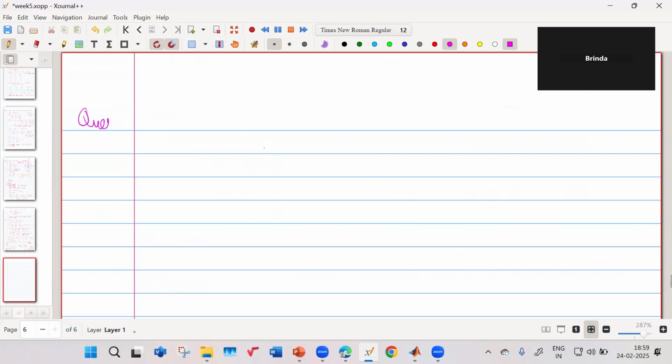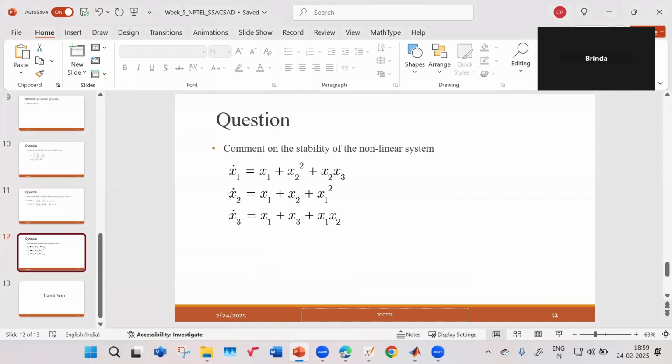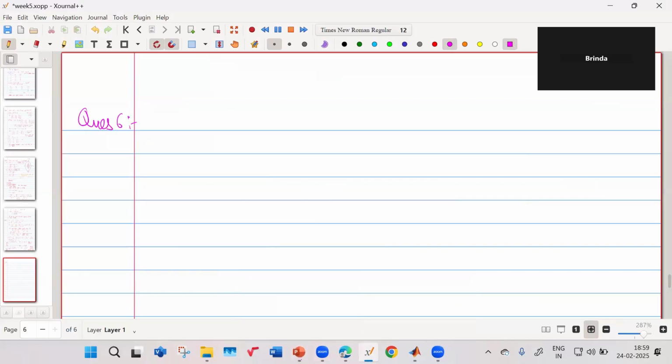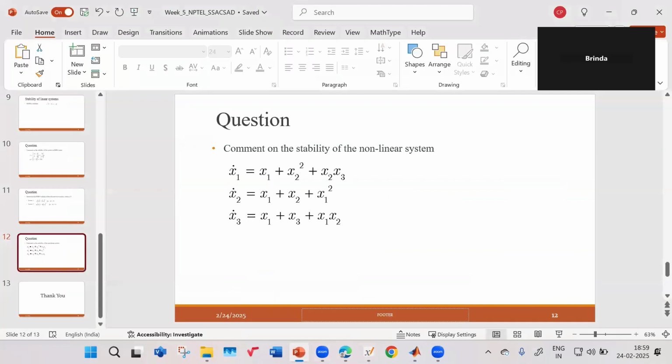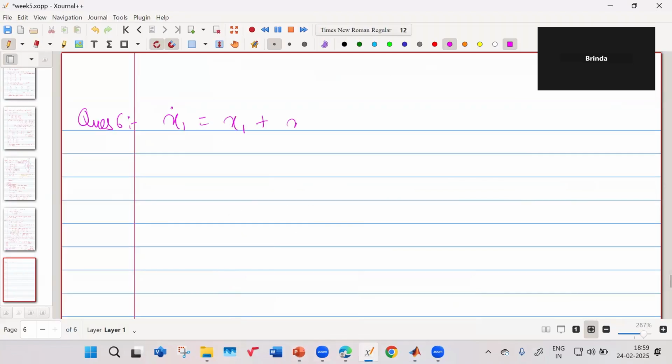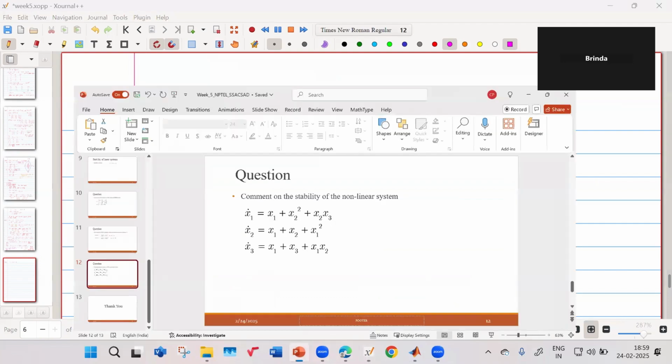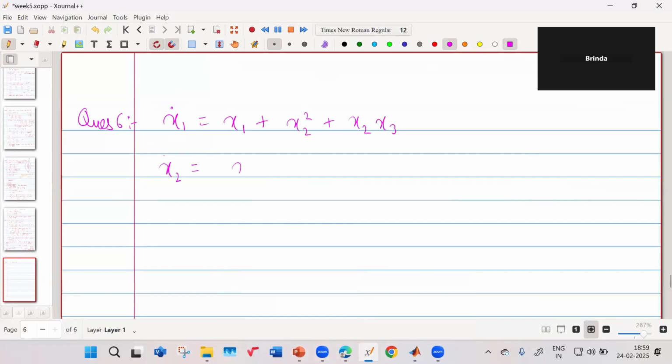The system is x1 dot is equal to x1 plus x2 square plus x2 into x3. x2 dot is equal to x1 plus x2 plus x1 square.